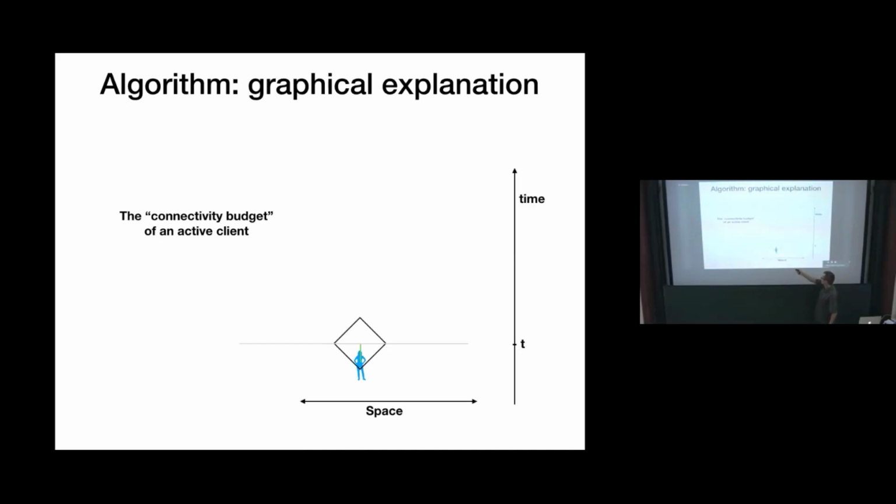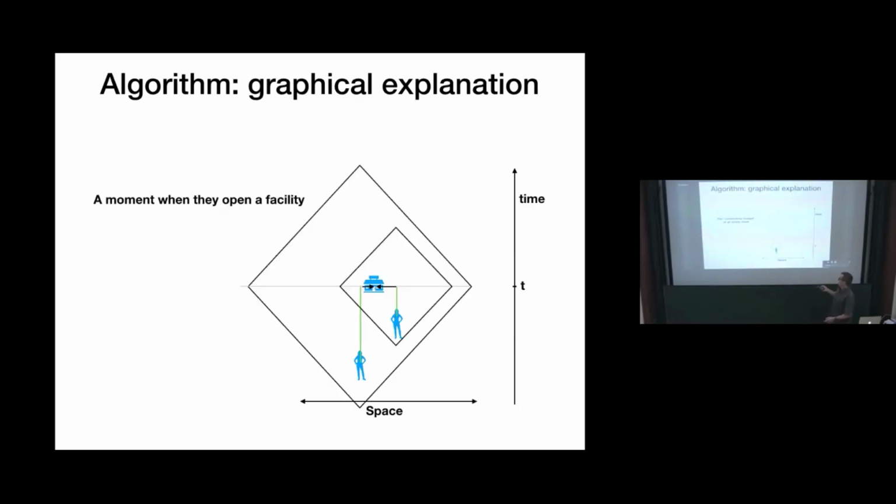At this point, the client has budget that would suffice to travel within this region. So you can think later, at some point, the total contribution from 2 clients is enough maybe to open a facility in this place. So they would open the facility and get connected. And once they get connected, their budget kind of disappears from the picture.